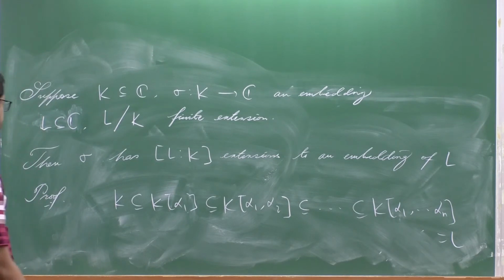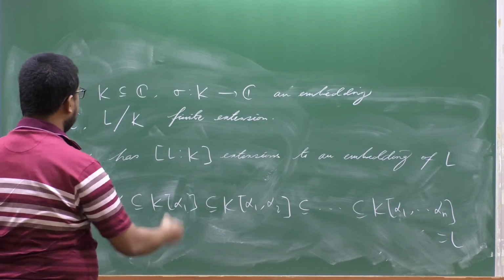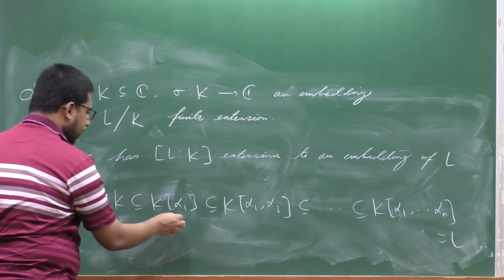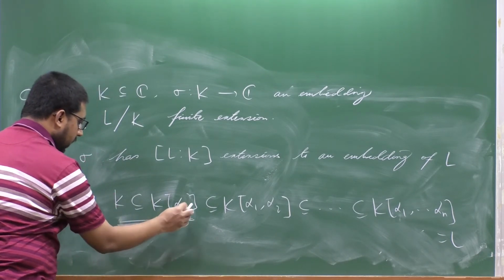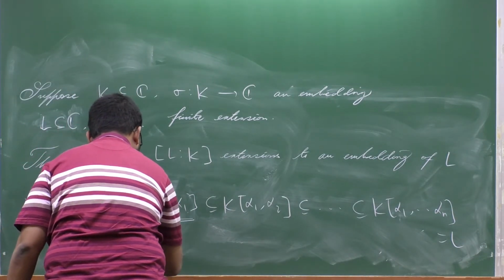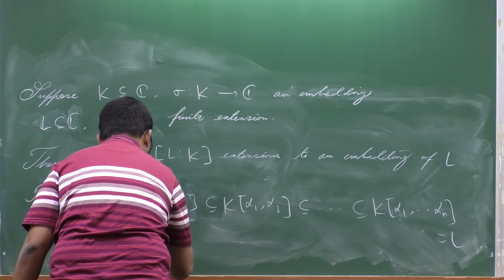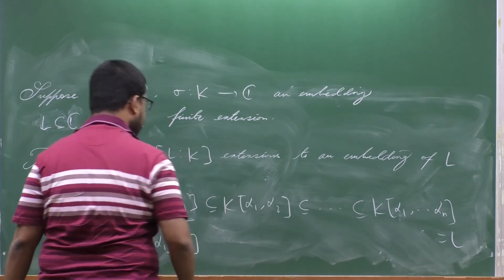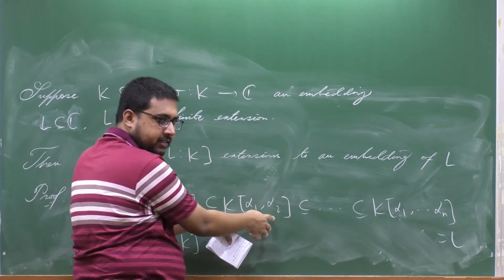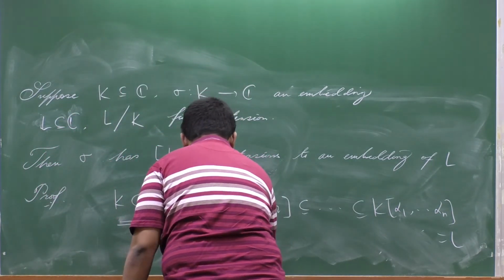The rest of this argument I would like to leave as an exercise: that sigma can be extended to K alpha prime in these many ways, and each of these extensions can be further extended to this in these many ways.